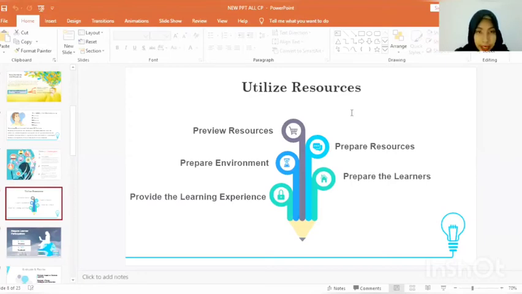For prepare the environment, wherever the learning is to take place, in the classroom, in the laboratory, or at the media center, the facilities will have to be arranged for the effective use of the resource. And prepare the learners means how learners are prepared for the lesson. And the last, provide the learning experience. A teacher-centered learning experience often involves a presentation, demonstration, drill and practice, or tutorials.